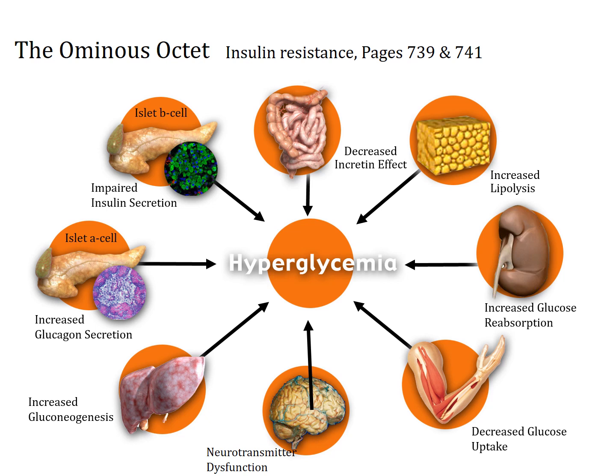As we move around the ominous octet, we're going to start up by the beta islet cell and then go around in a clockwise fashion. Problems that we see in type 2 diabetes: their beta cells don't work as well as they should, so they're not making enough insulin. When you don't make enough insulin, your blood sugars go up.